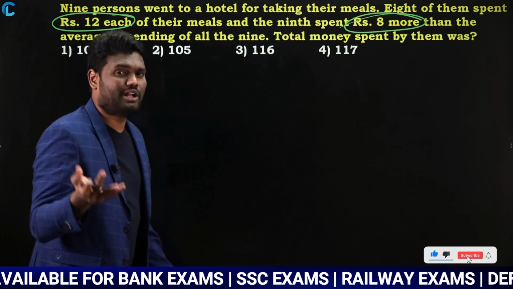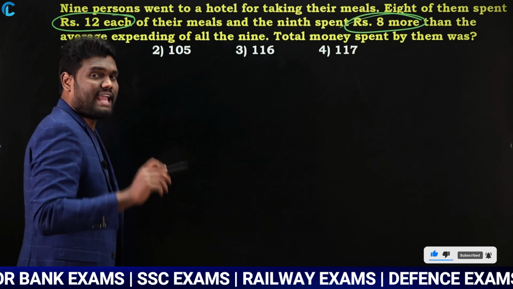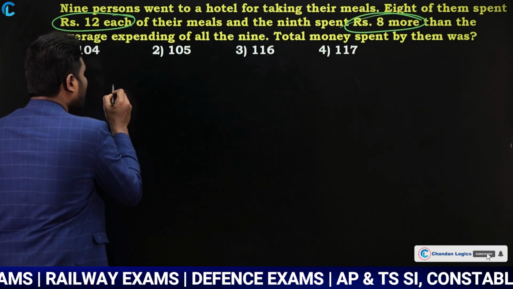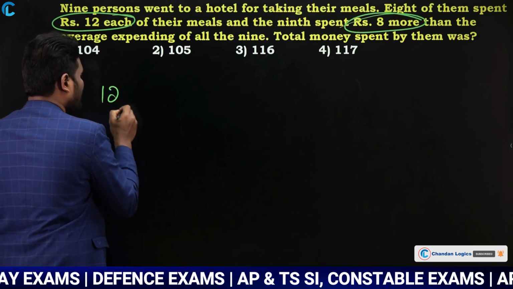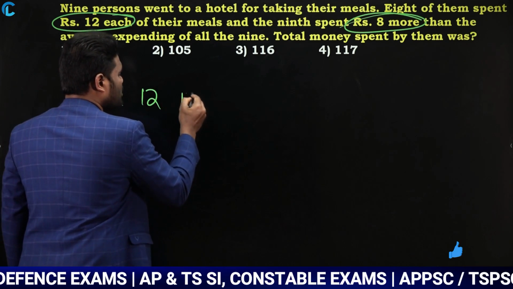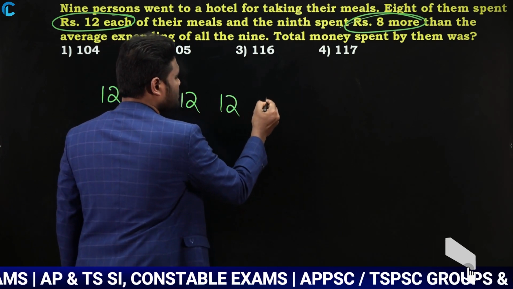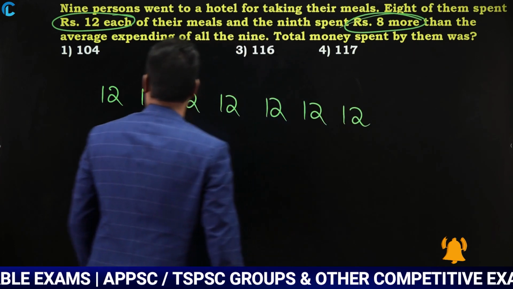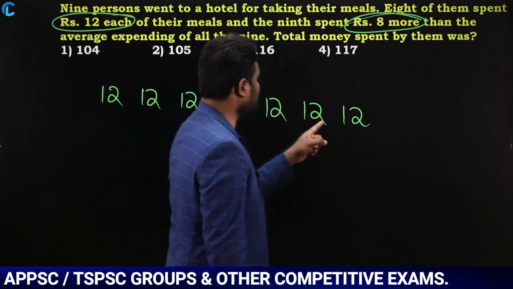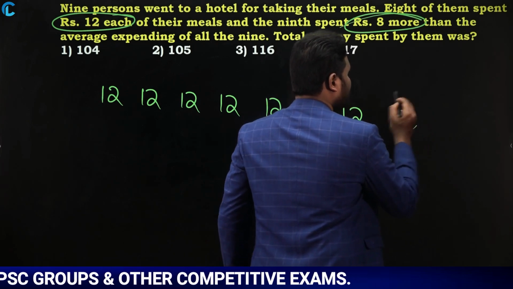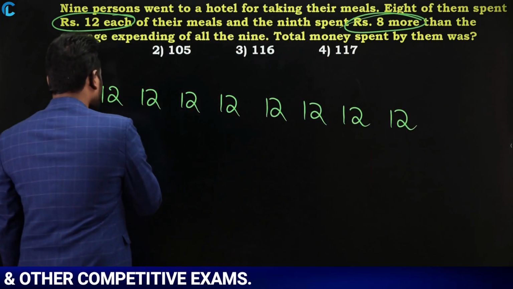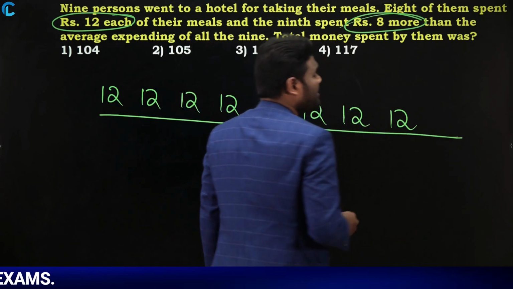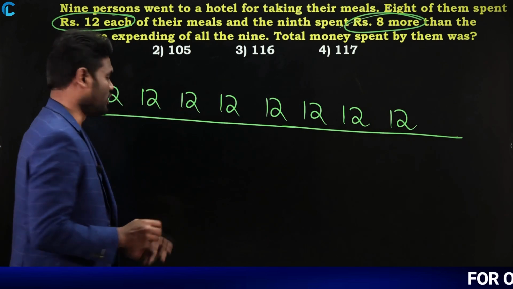Okay, but we do not know what the average is. Now, all 8 persons have spent 12 rupees each. Out of the total 9 persons, 8 persons are going to spend 12 rupees each.